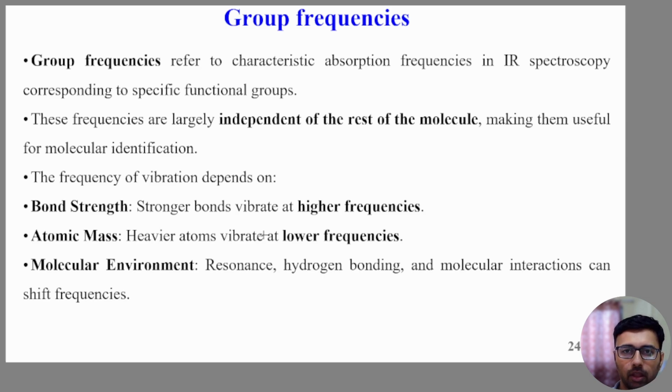But thankfully, spectroscopy has a beautiful hidden order. Certain functional groups consistently absorb infrared radiation within characteristic frequency ranges. These characteristic absorptions allow us to identify functional groups almost instantly.